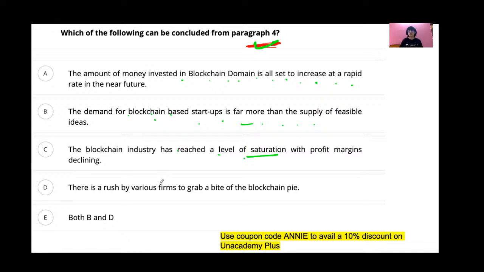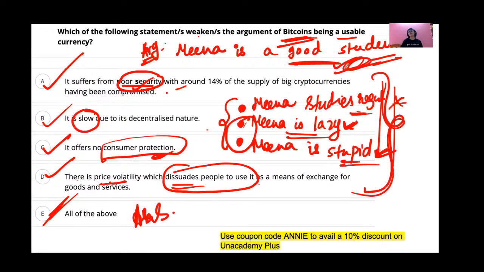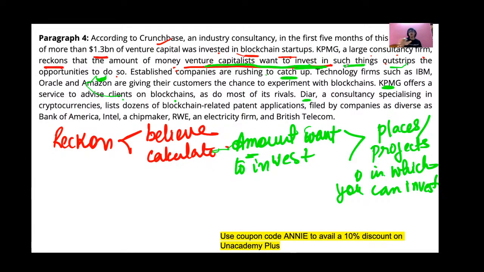So, the amount of money invested in blockchain is all set to increase at a rapid rate in the near future. We cannot be sure about this, because nowhere has it been insinuated in the paragraph.